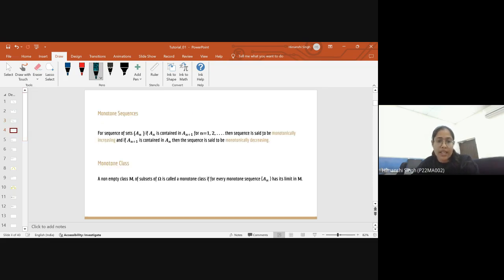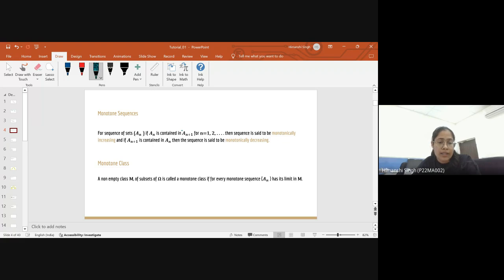Monotonically increasing sequences are those where the set An is contained in An plus 1. Then we say that the sequence is increasing. And if the opposite holds, that is, the successive set An plus 1 is contained in the previous one, An, then we say that the sequence is monotonically decreasing.